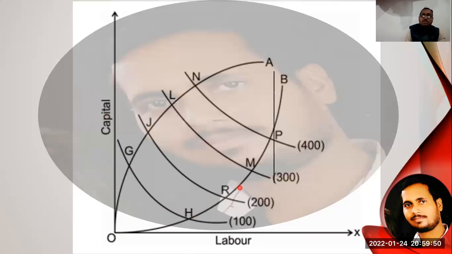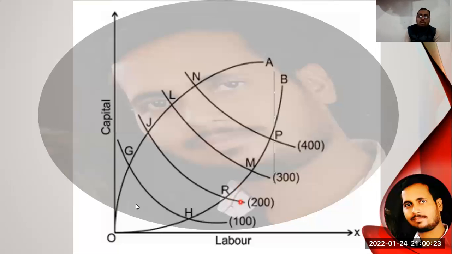If the entrepreneur changes the factors, the resource, beyond this boundary, then the production is constant because it is an IP curve, but students, it is not fruitful or productive for the producer. So this is explained by the ridgeline curve.